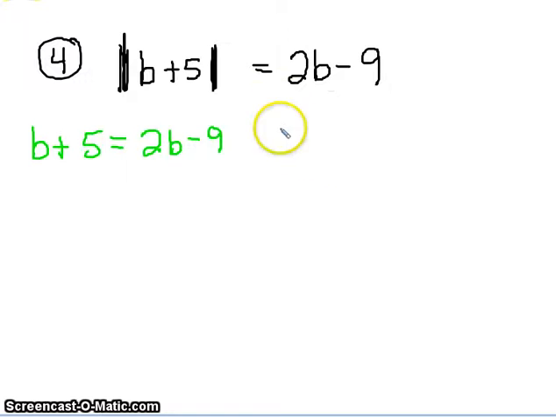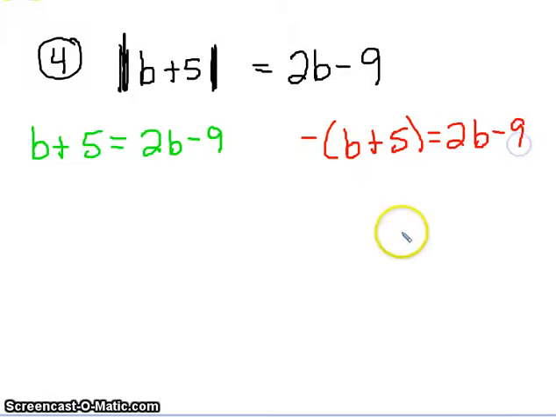And the other one is going to be the opposite of b plus 5 is equal to 2b minus 9. If you remember, you've got to check, especially on these types of problems.